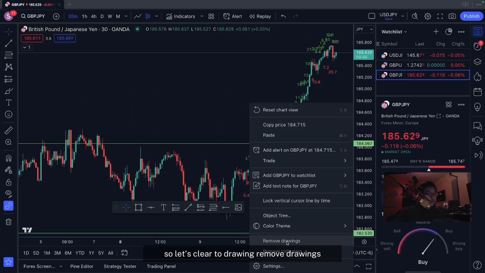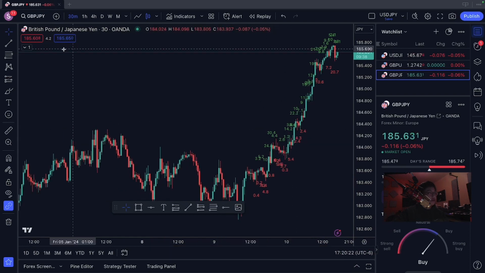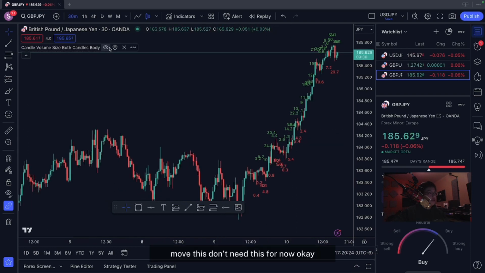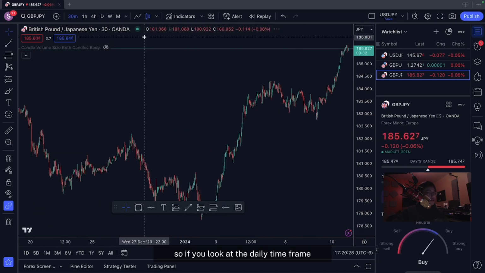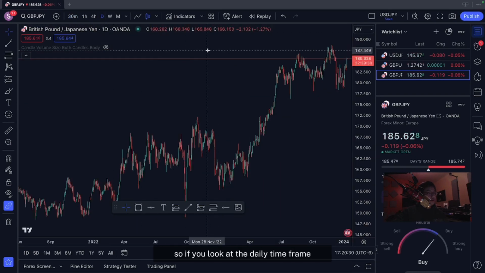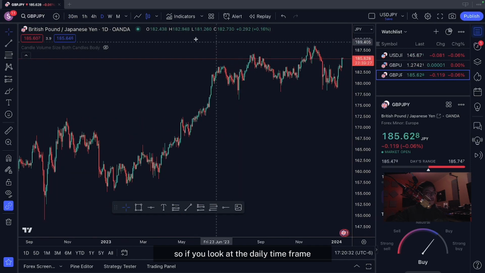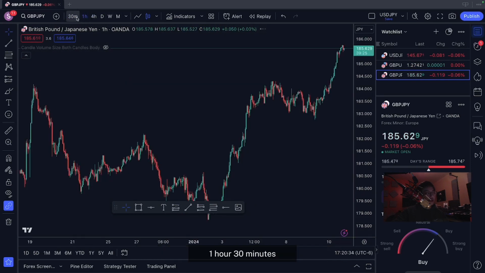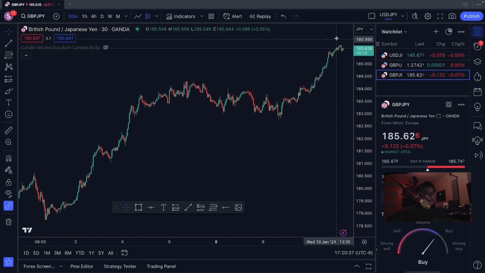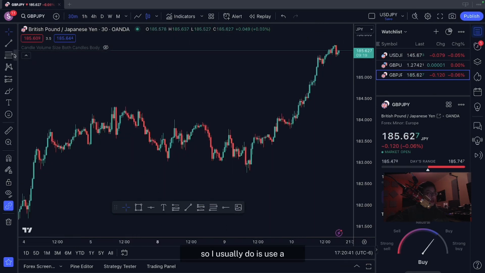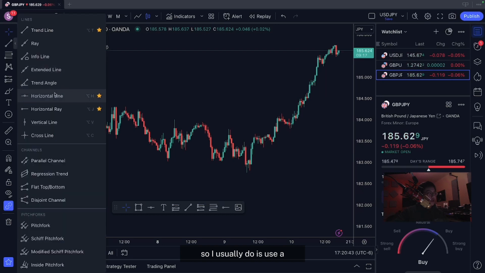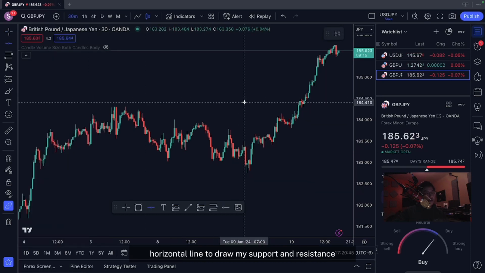So let's clear the drawing, remove drawings. Remove this, don't need this for now. Okay. So if you look at the daily time frame, so this is what I was talking about, daily, 4 hour, 1 hour, 30 minutes. So what I usually do is use a horizontal line to draw my support and resistance.